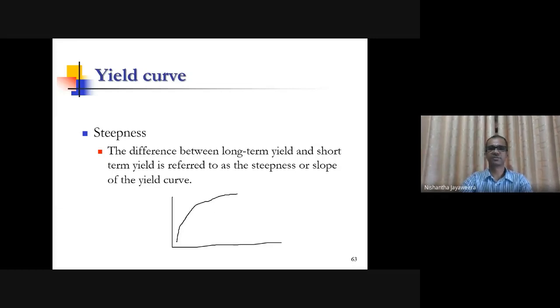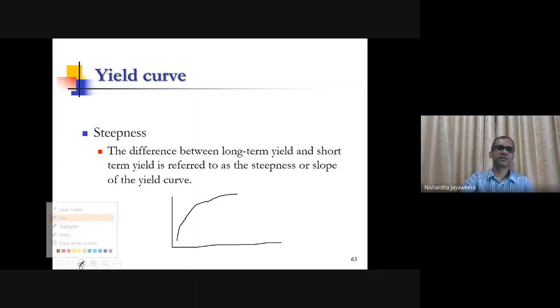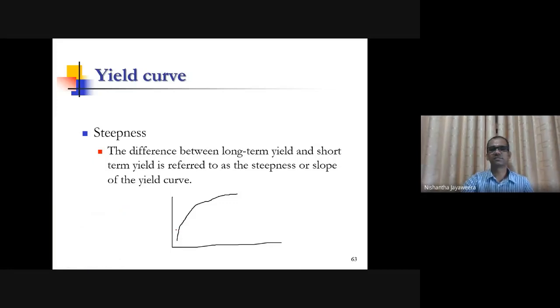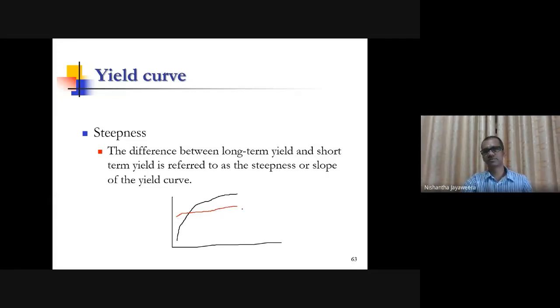Short-term interest is very low, long-term interest is very high. Or it can be like this. Start somewhere here and end up somewhere here. So this one, we call sort of flat. There's not that much steepness, but in this it's a very steep curve. Slope is high.